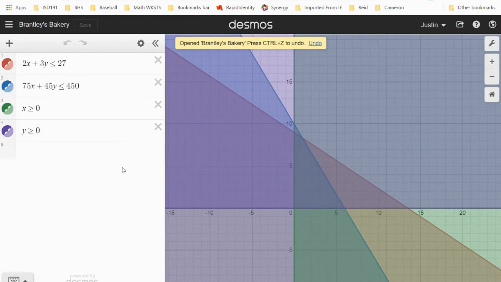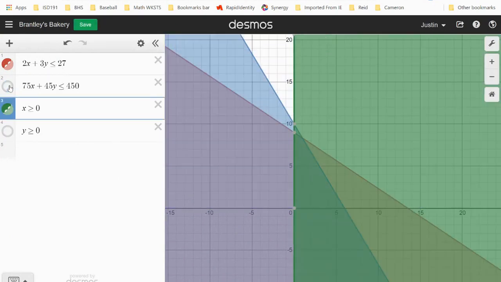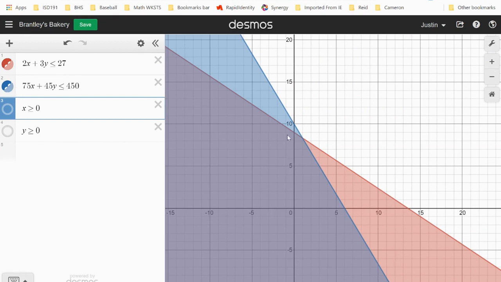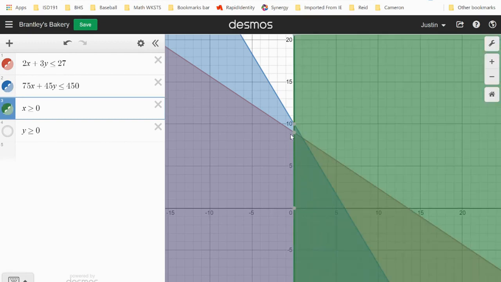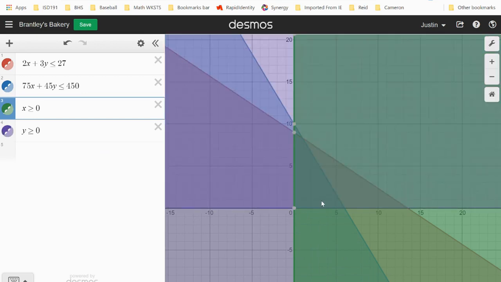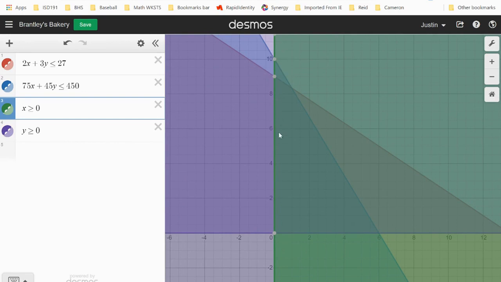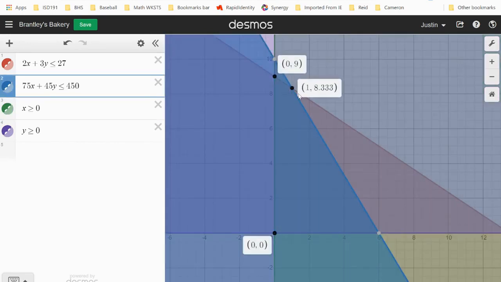All right, to try to save a little time, I have this pre-typed in here. And we're looking for where these 4 sections or areas overlap, finding that feasible region. So going one at a time, I can keep track of what area is the feasible region. If I zoom in on this, I can see that it's going to be in between here.